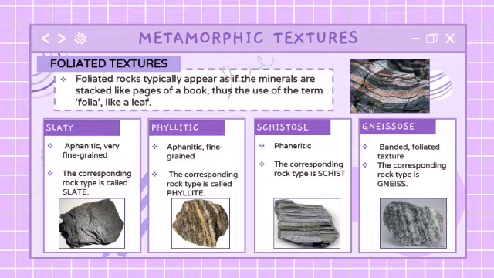These rocks are not normally banded. The composition of the rock is uniform throughout the volume of the rock, while the banded foliated texture is referred to as gneissic. Slaty, phyllitic, or schistose are not banded. But gneissic is banded, and its corresponding rock type is gneiss.